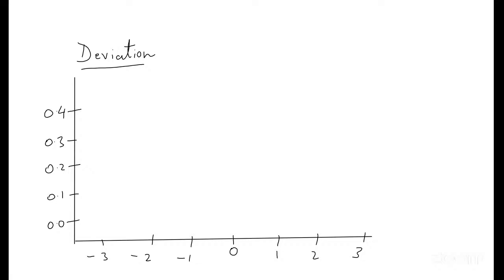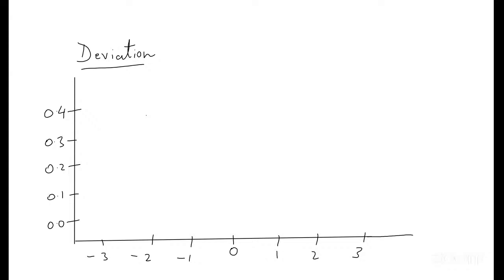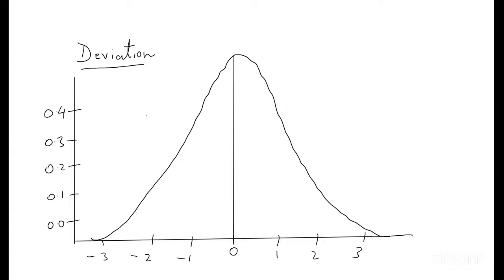Now see, the deviation diagram is shaped like a mountain peak. What happens is at 0, right here is the peak of it, and here is the mean.